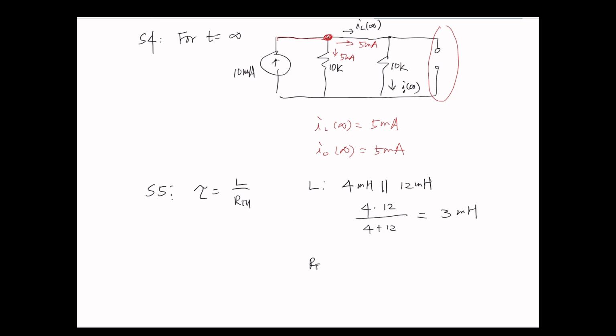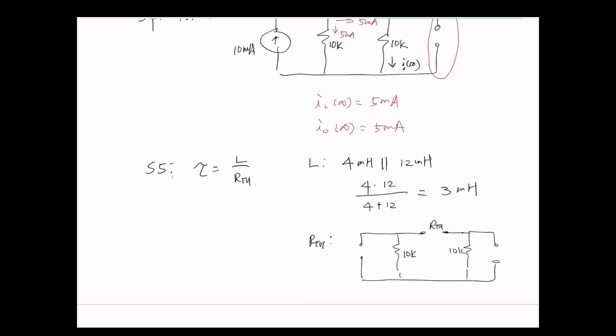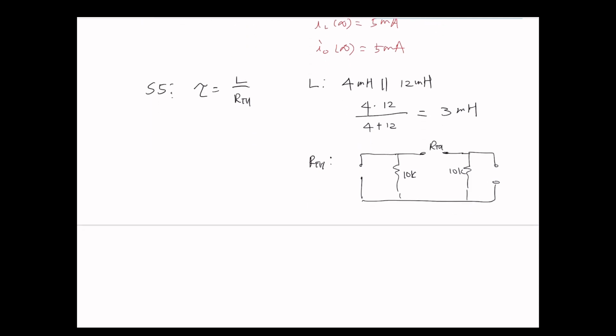For R TH, if you draw the circuit, it looks like this. So now we need to calculate the R TH. We need to let the current source be an open circuit. And if you look at this, we have R TH at the top, and 10K and 10K. Therefore, 10K and 10K are in series, so the R TH is 20K ohm.